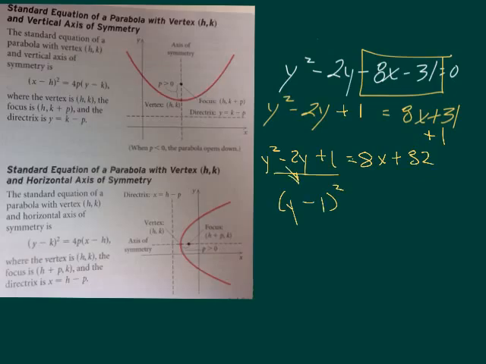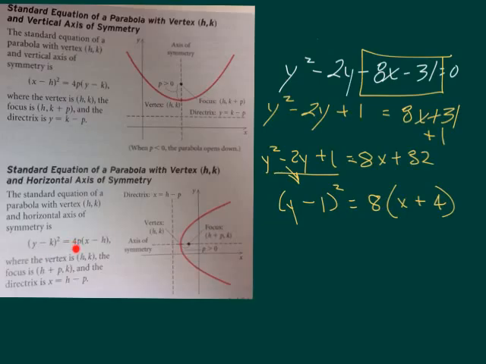minus 1, and that equals, we're going to factor out, well, let's factor out an 8. Okay. Now, again, looking at this over here, we have to have a 4 times something here. Have to.